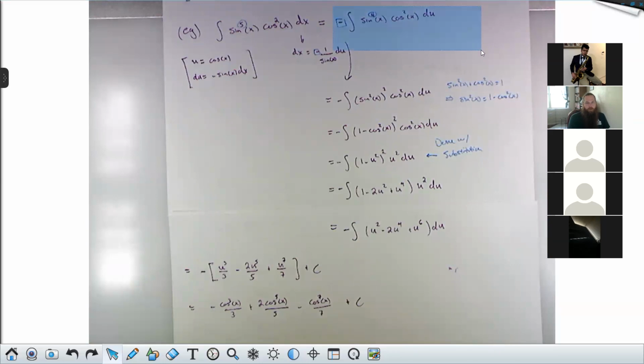So after I plug in for the differential, I still have these 4 copies of sine x that I need to deal with. I need to rewrite these in a way I can replace them with u's. The way we do that is by writing sine to the 4 as sine squared squared. And then this inner sine squared, I use my trig identity on. I rewrite that as 1 minus cos squared.